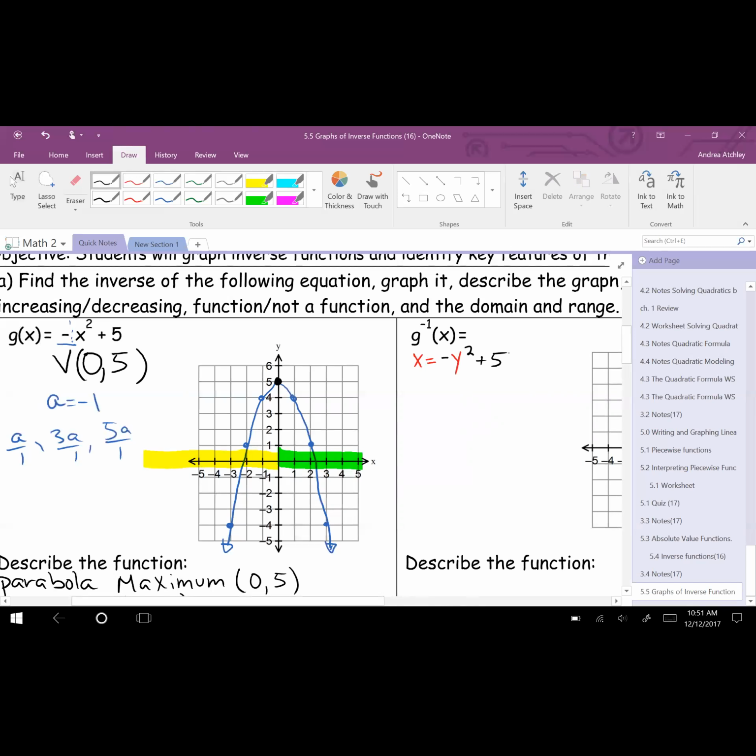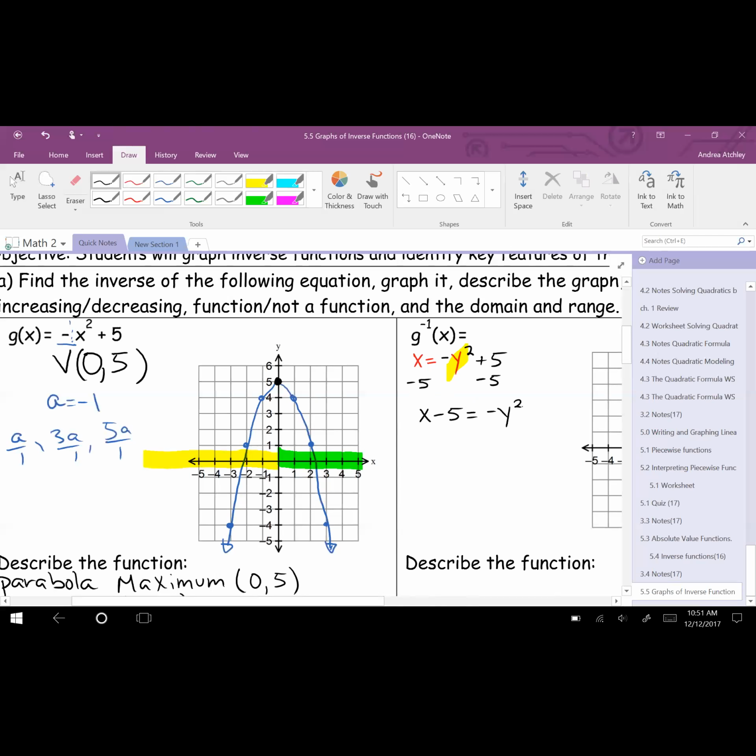So the x and y switch places, and then I solve for y. So I want to get the y by itself. So I'm going to subtract 5 from both sides. That's going to give me x minus 5 equals negative y squared.